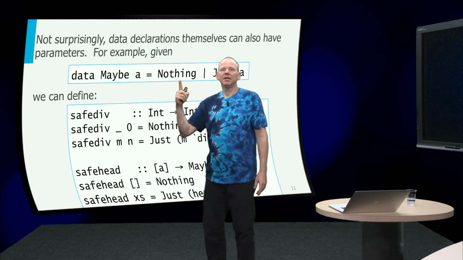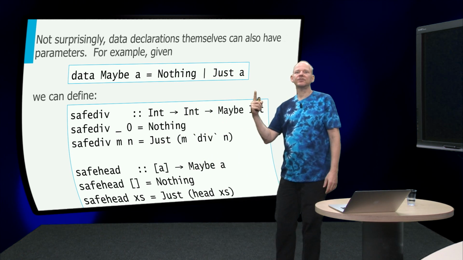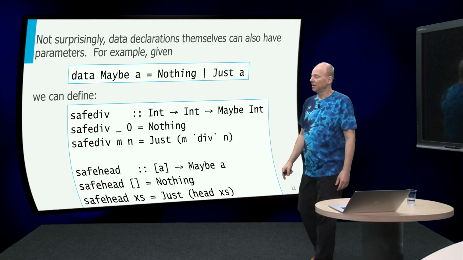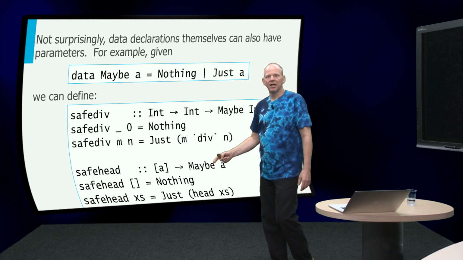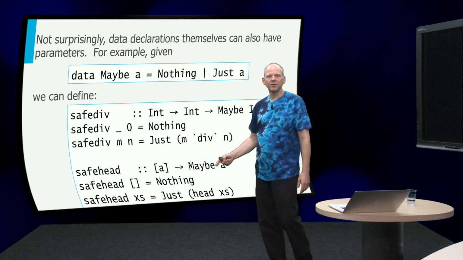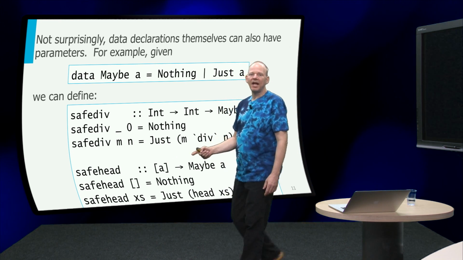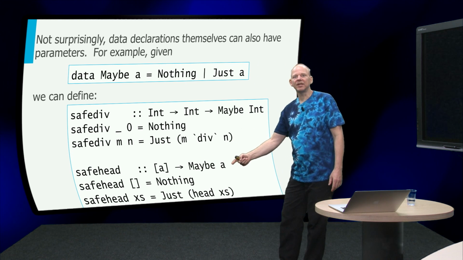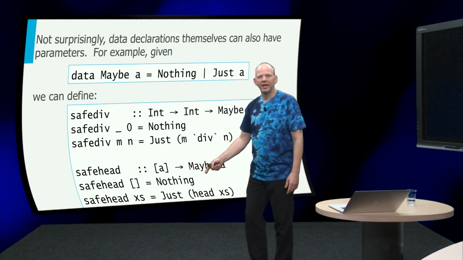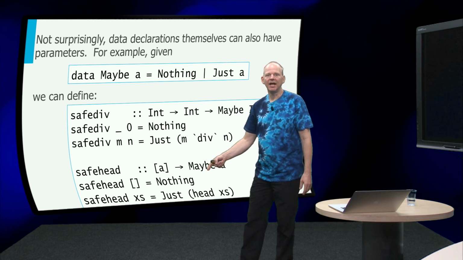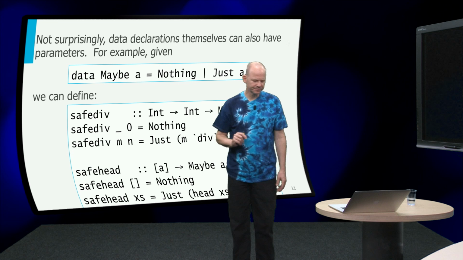Maybe of A is either Nothing or Just an A. And now we can define a lot of functions that people are kind of proud of, because we can take a list and we can take the head, but if the list is empty, we return Nothing. And if the list is not empty, we take the head and we return Just.